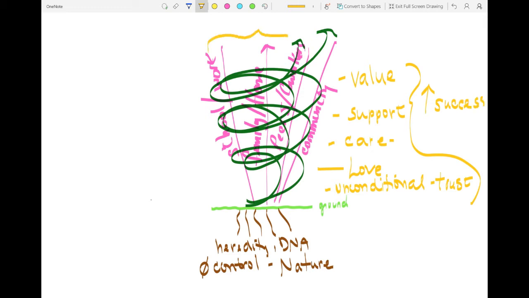Just like having all of these supports in place, these four pink supports are going to increase success. Now, for every support that is not available, the plant has to struggle that much harder in order to survive. So if work or school isn't there, then they are relying more heavily on these three.